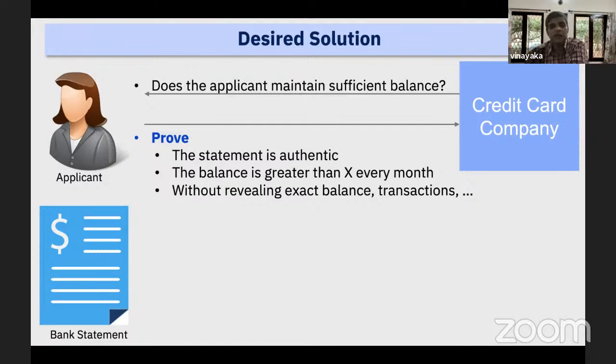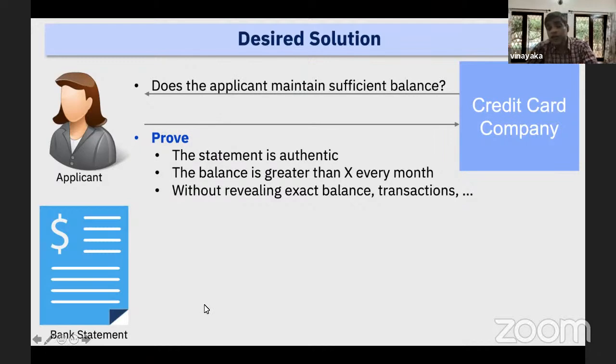And in this entire process, the credit card company does not get to know what the exact balance is or what transactions have taken place, etc. But the proof is such that the credit card company is able to convince itself that yes, there is some authentic data as authenticated by, let's say, a bank.